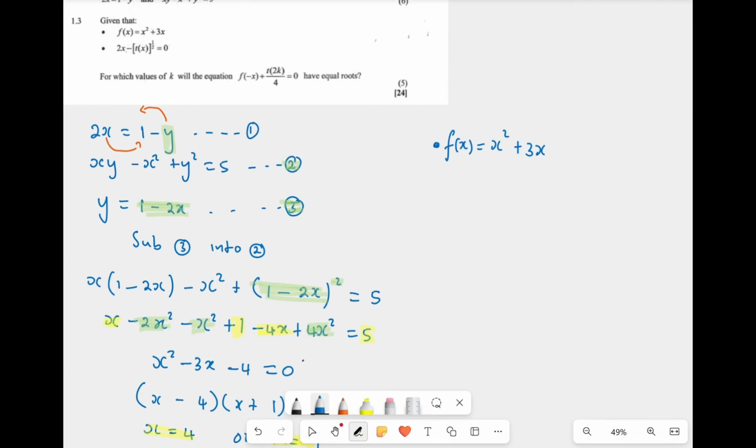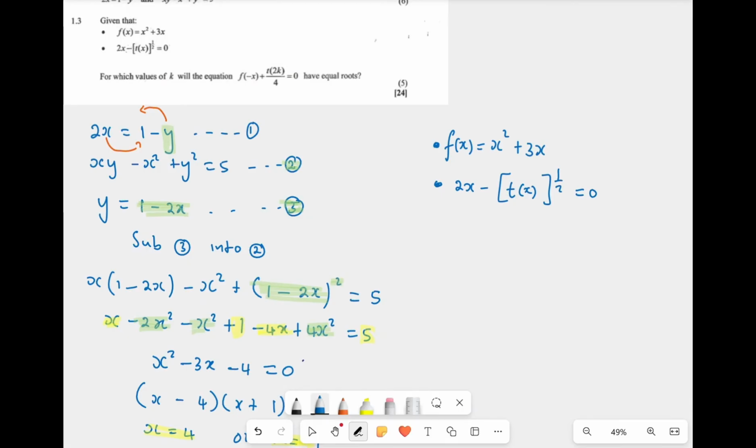Equation number 2 that is given is 2x minus t of x to the exponent 1 over 2, which is equal to 0.